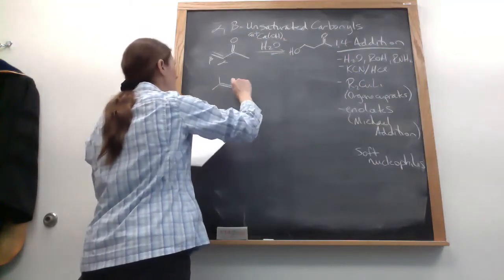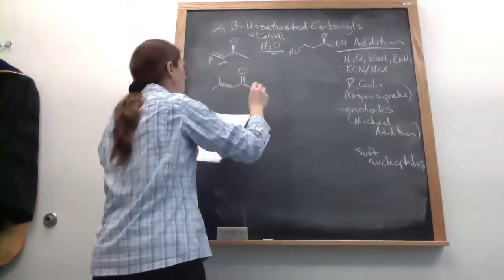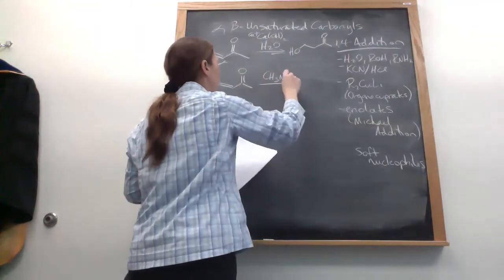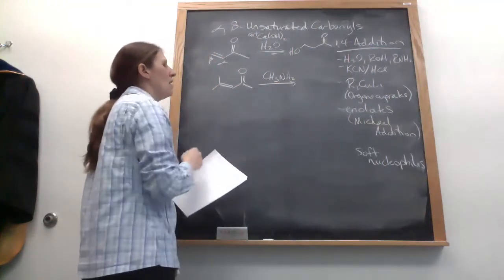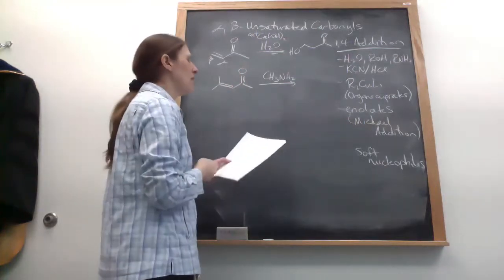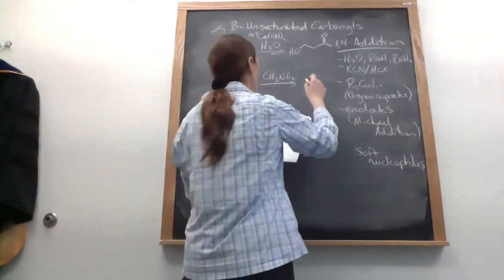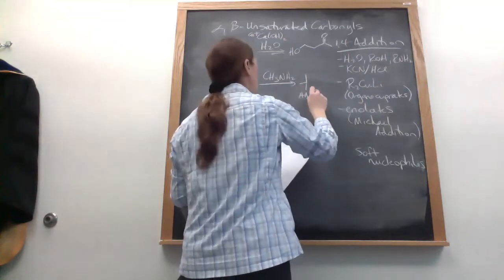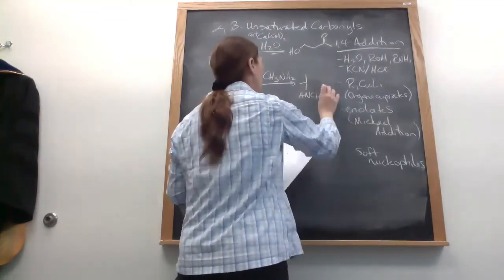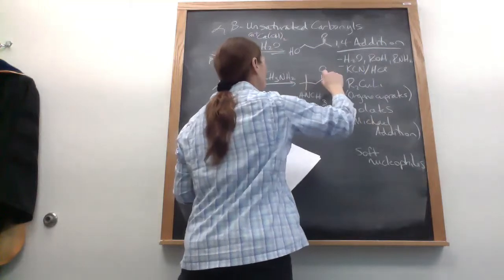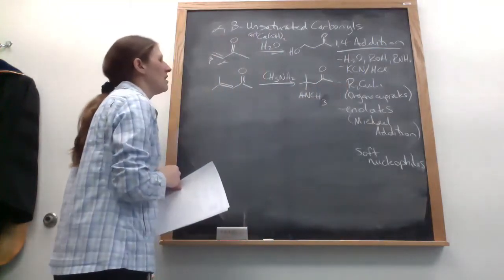Another example of this would be an amine. So amines also add 1,4. It's thermodynamically more stable than the hemiaminal that would result from initial addition to the carbonyl. And so as a result, the preference is to favor the 1,4 addition, which looks like this.